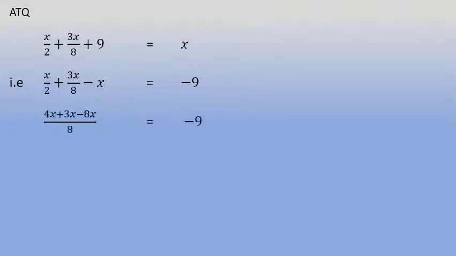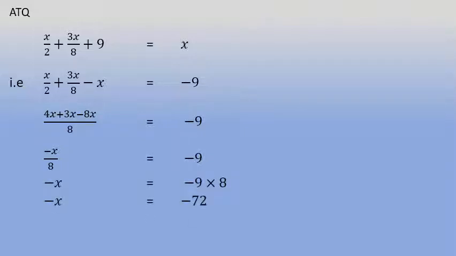So we get (4x plus 3x minus 8x) whole divided by 8 equal to minus 9. That is 7x minus 8x upon 8 equal to minus 9. 7x minus 8x means minus x upon 8 equal to minus 9.